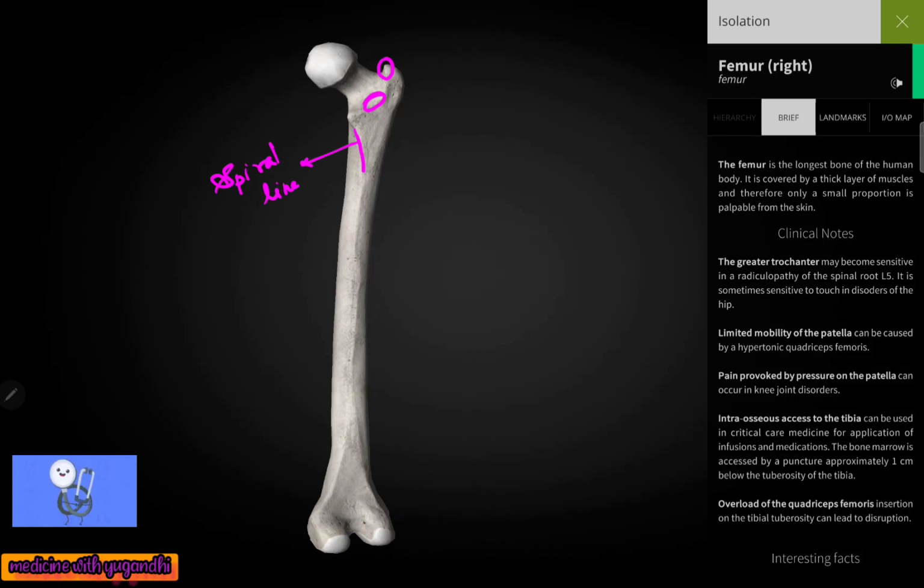And this portion is somewhat rougher, and this is called the gluteal tuberosity, where the gluteal muscles get attached. Here you can see a line extending.